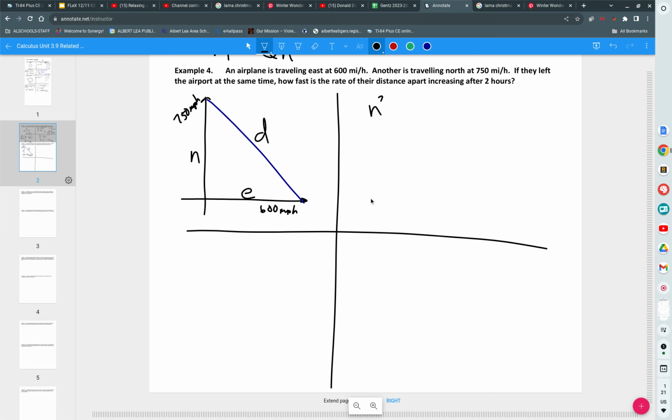Namely that n squared plus e squared is equal to d squared. That's what we have. Which of these components do we know? We know n prime is equal to 750, and we know e prime is equal to 600. We're trying to find d prime.